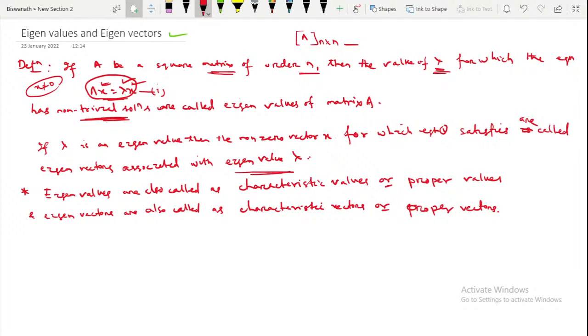Similarly, there are other terms like characteristic polynomial and characteristic equation. So what is my characteristic polynomial?